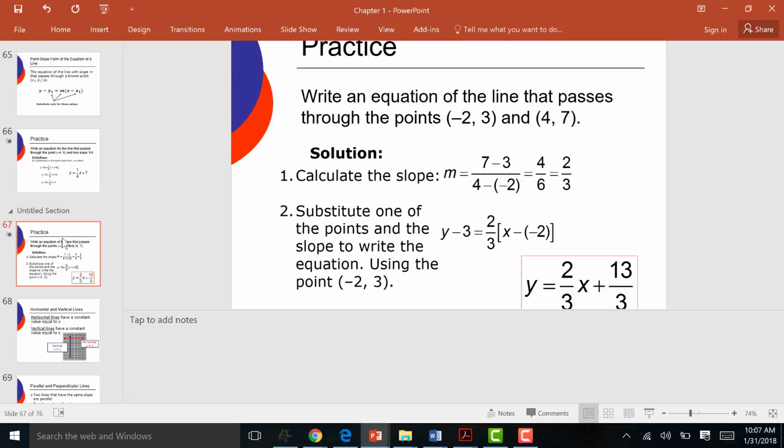All right, so I've got 7 minus 3 over top of what? 4 minus a -2. Did I write it right? Yep. Which they have on the board already, so you see it. So this is going to be 4 over 6. It simplifies. Can I reduce that fraction 4 over 6? Yes. Divide top and bottom by 2. That's my greatest common factor, which gives me 2/3. So now you know the what? You now know the slope.